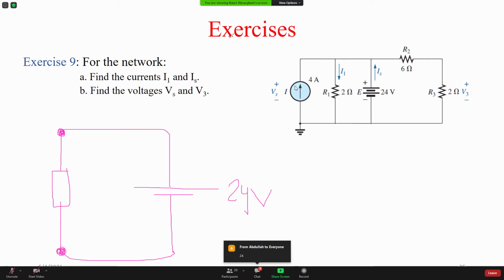Okay, then here's what I'm going to do. What is the voltage between these two points?